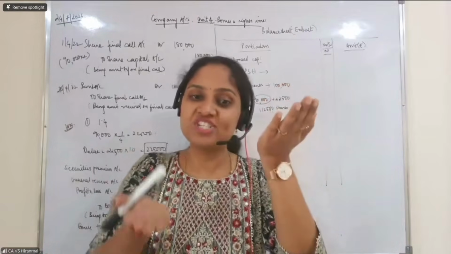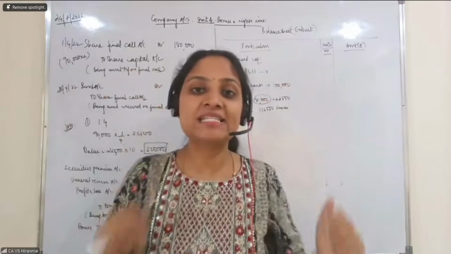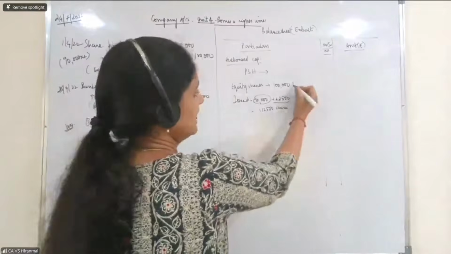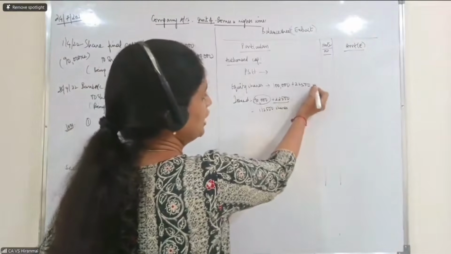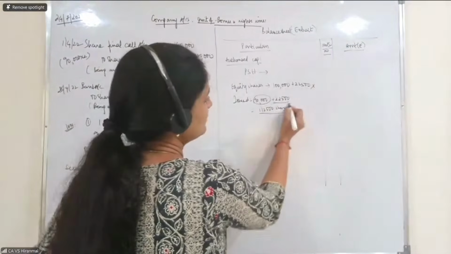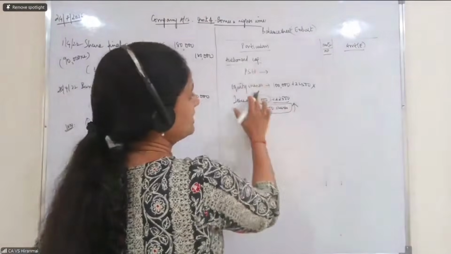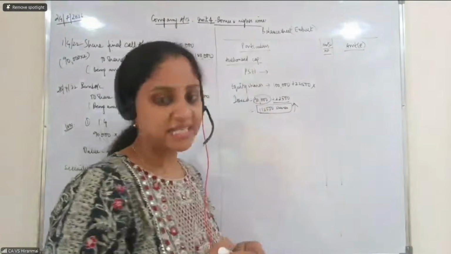to or on account of bonus shares issue, if your issued shares increase or they are more than your authorized capital, you will have to increase the authorized share capital also. Now your doubt will be, shall I add 22,500 here? This is not right. However many equity shares issued is increased, your authorized capital also has to increase by that much.